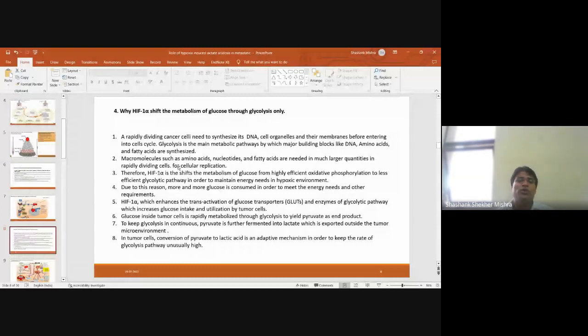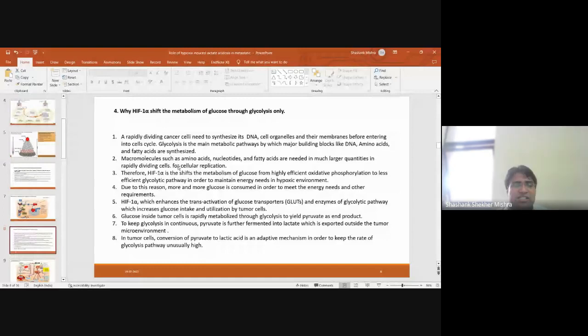So as I told you, normal cells cannot survive without oxygen, but cancer cells are immortal. They can survive. HIF-1 alpha is helping them with this adaptation. If it is helping the cancer cells in an oxygen deficient environment, there must be a mechanism through which they can acquire energy.